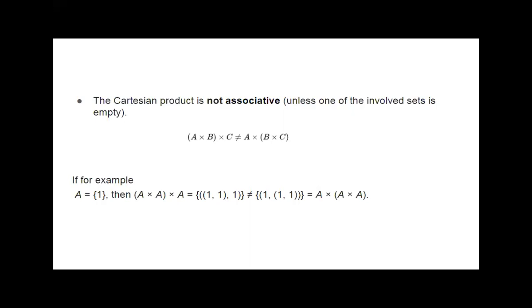If we consider A cross B first and then take the Cartesian product of that with set C, that is not equal to the Cartesian product of A with B cross C. The only exceptional case is unless one of the involved sets is empty.